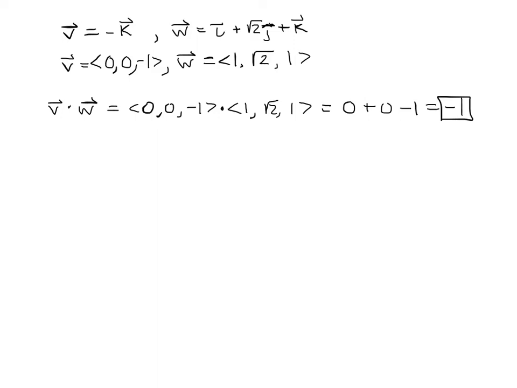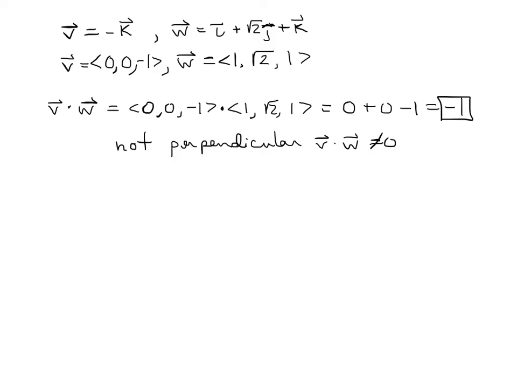Now, this means that they are not perpendicular. The dot product was not 0. V dot W is not equal to 0, but we can find the angle between them.